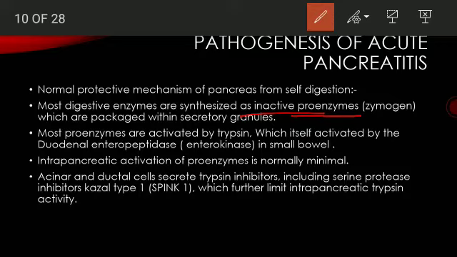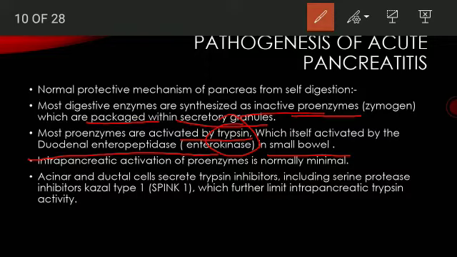They are packaged within secretory granules. These proenzymes are then activated by trypsin, but trypsin is activated by the duodenal peptidases or enterokinase in the small bowel. This means these proenzymes are also activated in the duodenum.